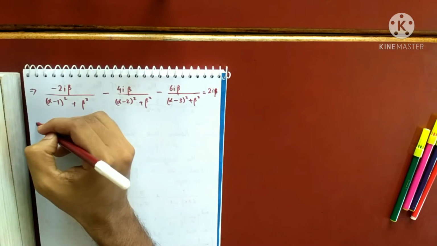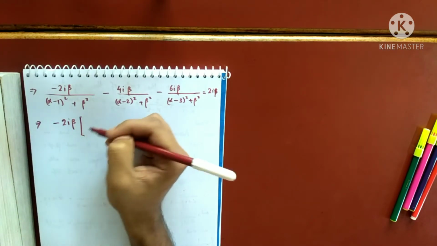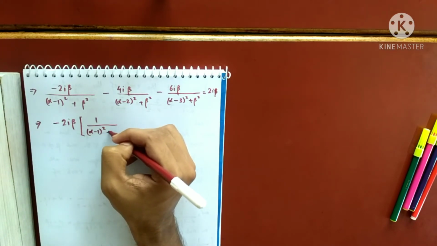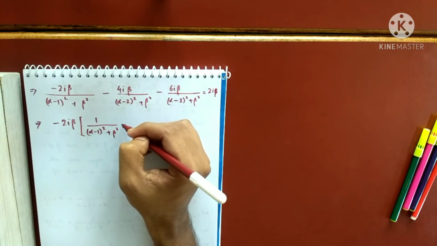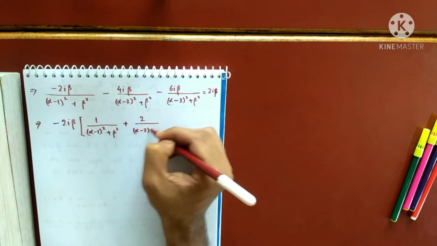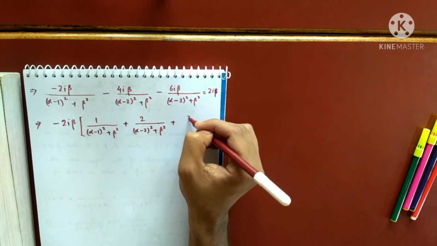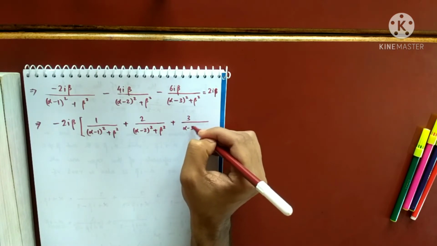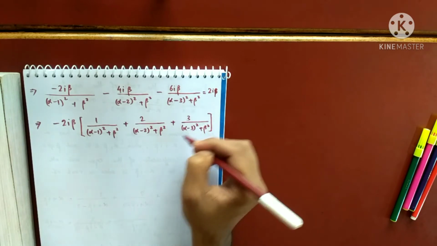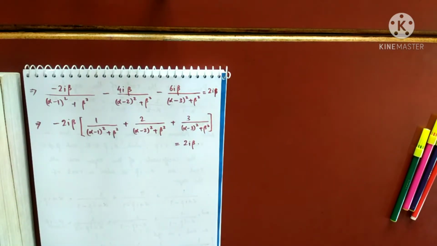So if I take minus 2i beta as a common factor, I'll remain with 1 by alpha minus 1 whole square plus beta square plus 2 by alpha minus 2 whole square plus beta square plus 3 by alpha minus 3 whole square plus beta square.